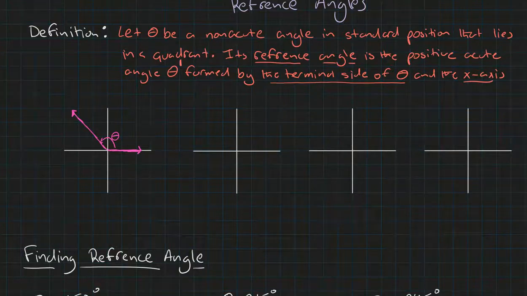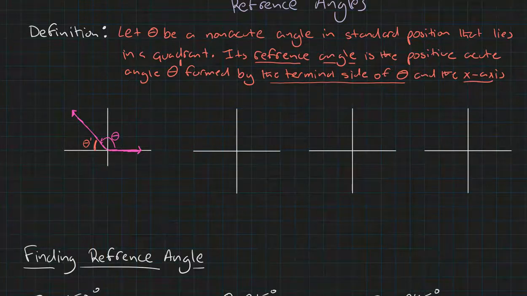This angle is the reference angle formed by the terminal side and the x-axis. That's something you have to remember so you do not make the mistake about where the reference angle comes from.